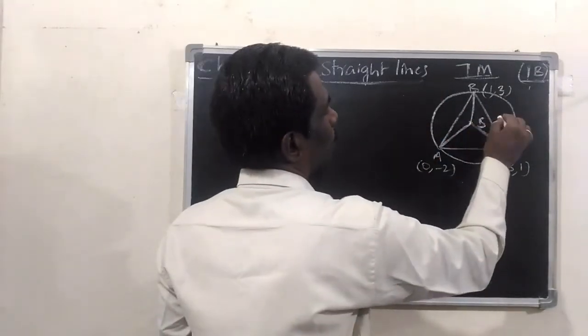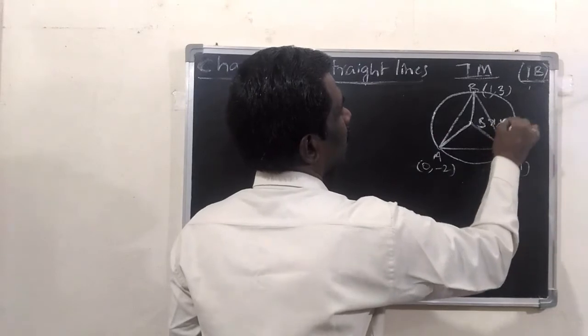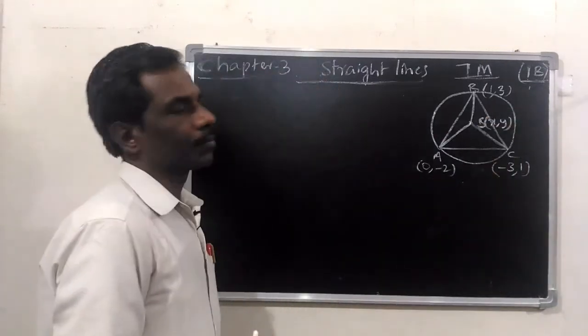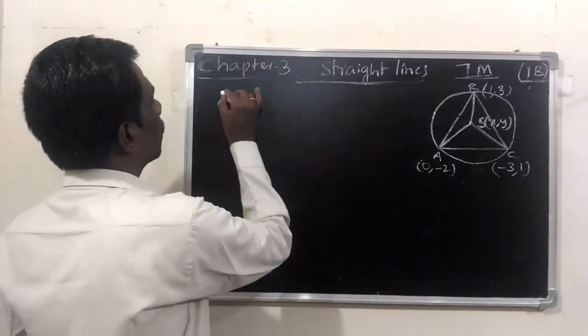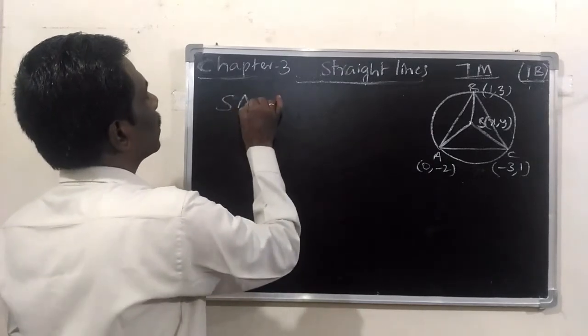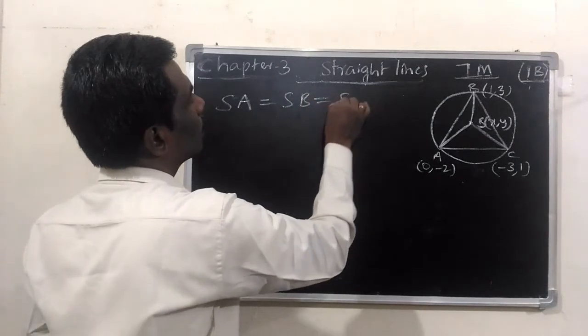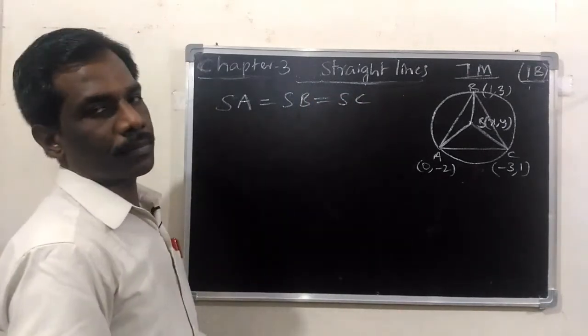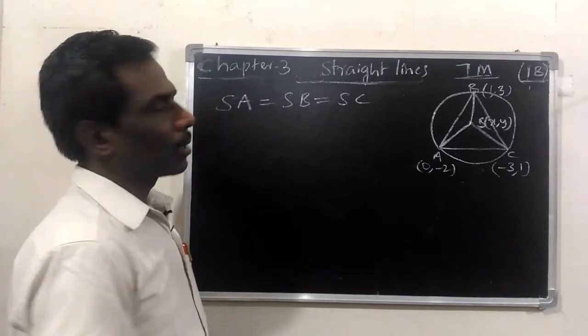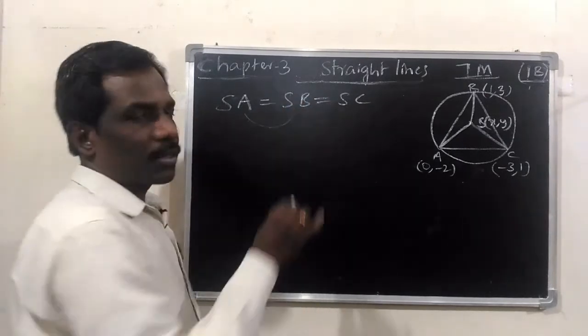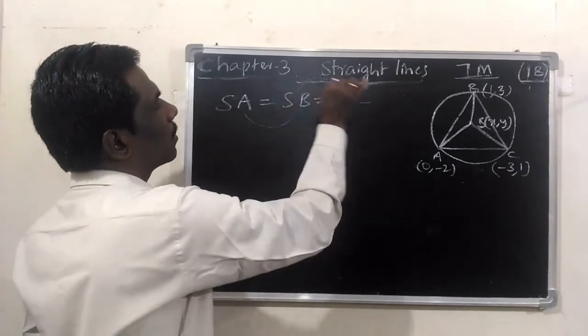So now assume this circumcenter is x, y. Now what do we want to do? SA is equal to SB is equal to SC. First I am taking these two, and next I will take these two.